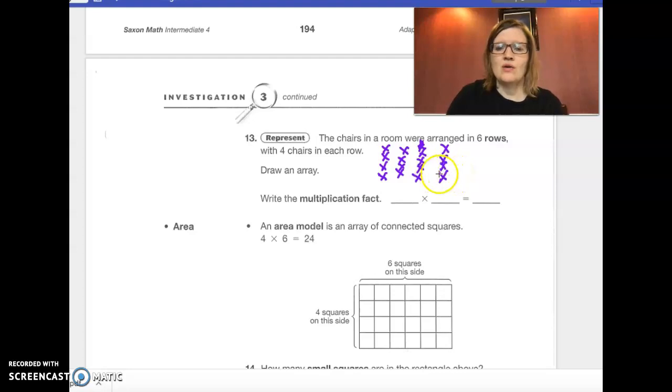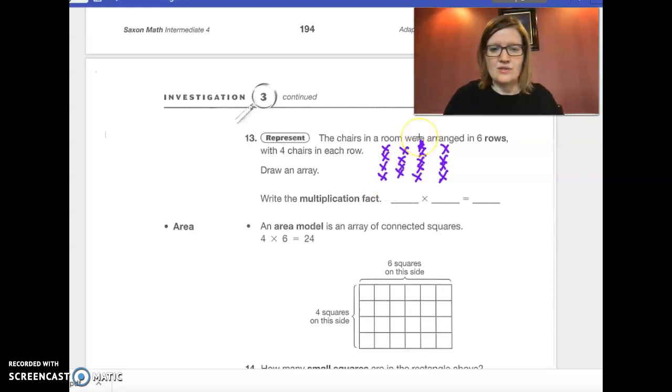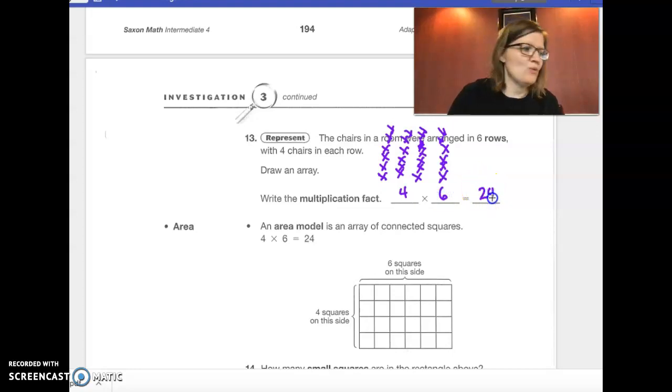Okay, 6 rows. 1, 2, 3, 4. Help me out here. Okay, so we should have 6 in each row. There should be 6 rows, 4 chairs, 1, 2, 3, 4. Bear with me. Yours will look better. I'm having problems with my pen. So our array is going to be 4 rows and 6 columns, and it will give us 24.